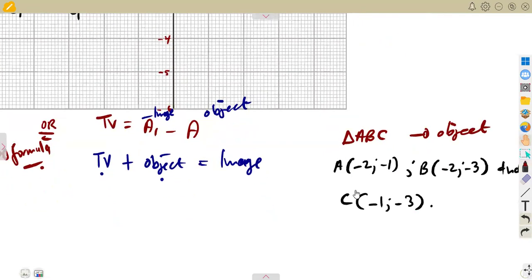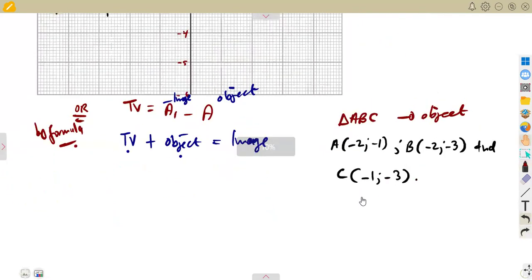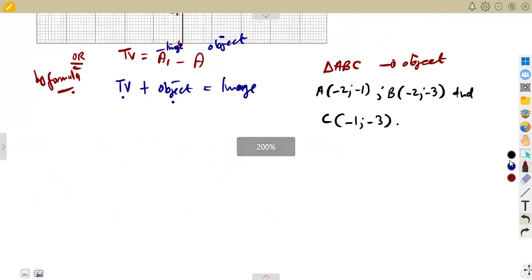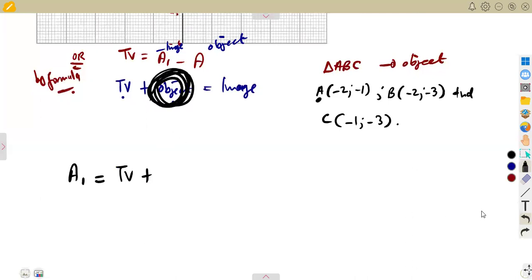By making the image the subject of the formula, the point A1, which is the image of A, is the translation vector plus the object, which is point A. So if I add these two, I obtain the image.